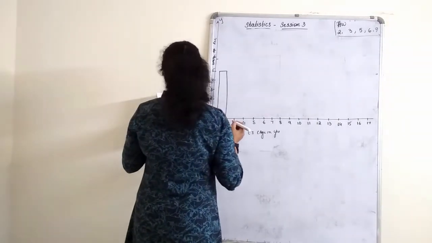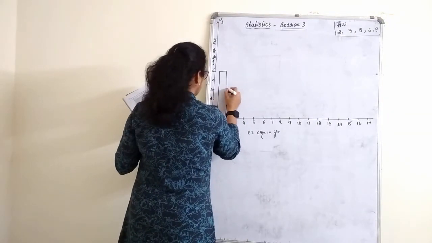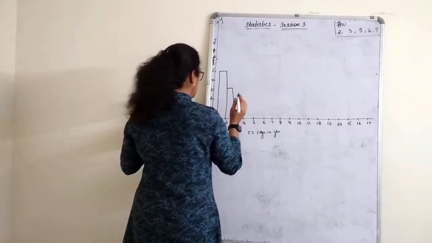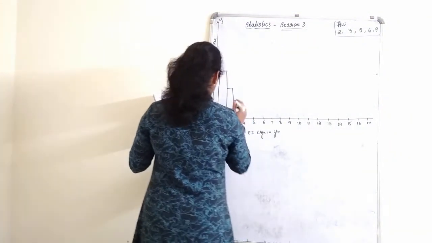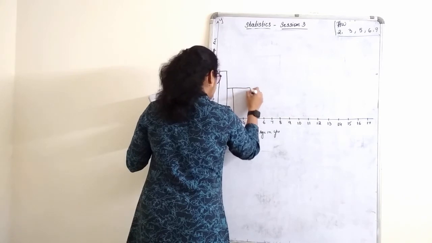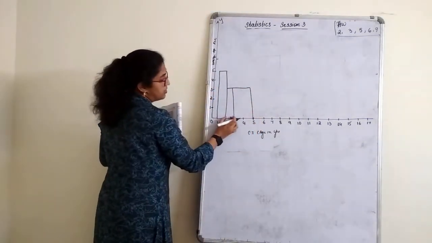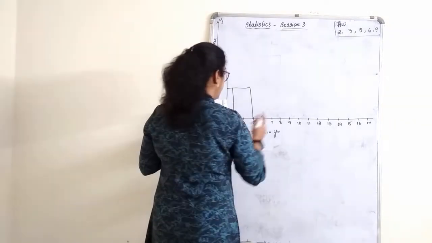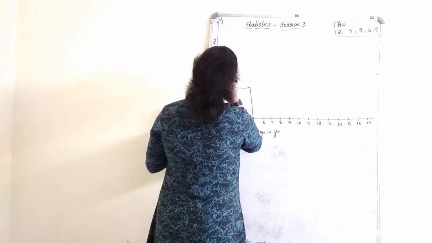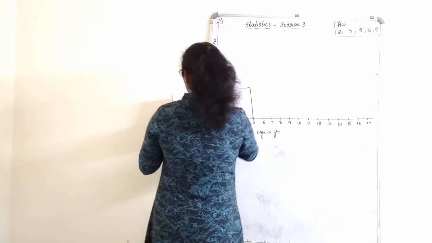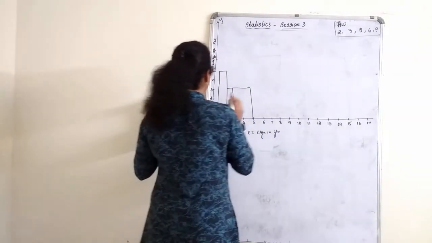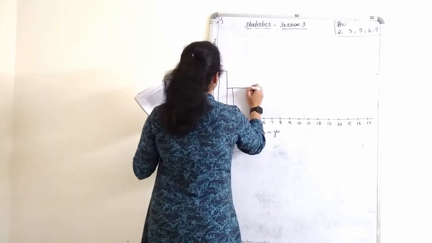Next, 2 to 3 it is 3. I am plotting length of rectangle. Next it is again 3. 3 to 5 is 3. See here, histogram of varying width. Next, 5 to 7 is 6.